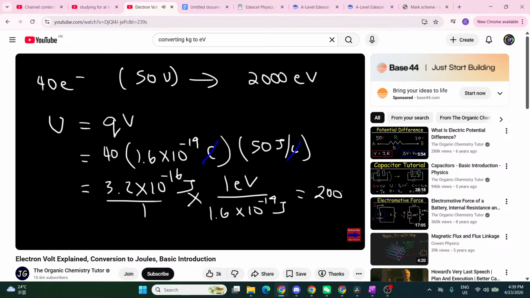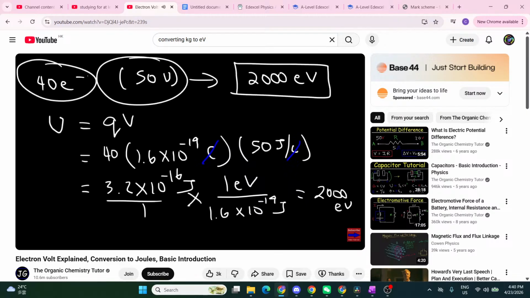And this will give us 2,000 electron volts. So you can think of this value as being the number of electrons multiplied by the voltage on each electron.